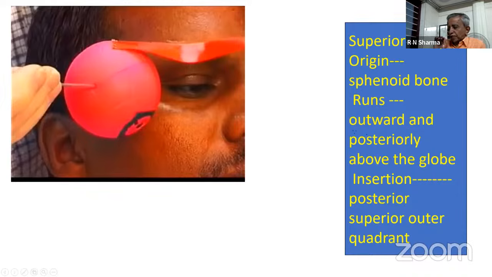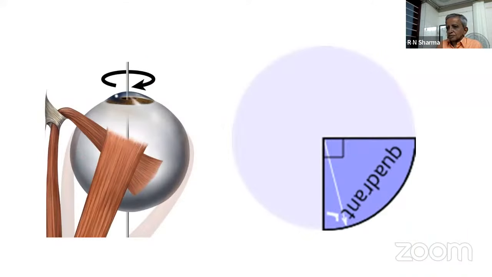So the superior oblique takes its origin from the sphenoid bone, runs anteriorly, then comes backward, having gone through the trochlea, runs above the globe, getting inserted in the posterior superior outer quadrant. So this is the superior oblique.